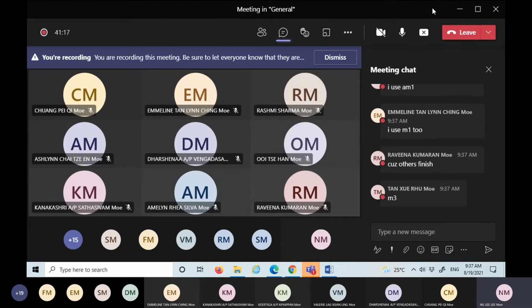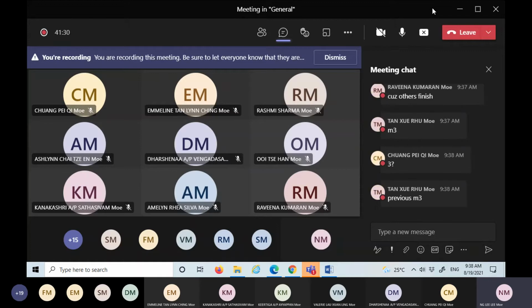I'm so confused. Someone can tell me which book we should use for this new topic? Previous is M3, so now should be M1. If your M1 is finished, then use any book.